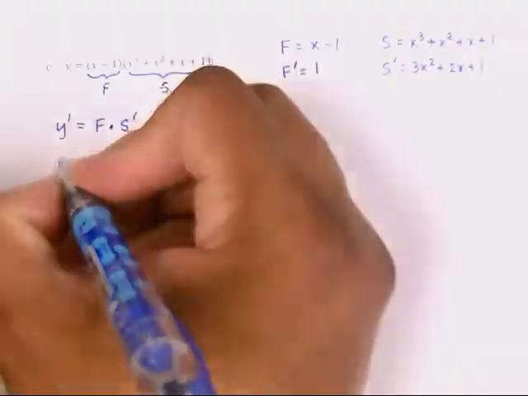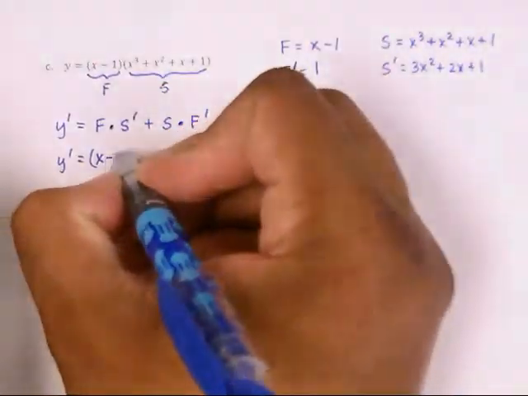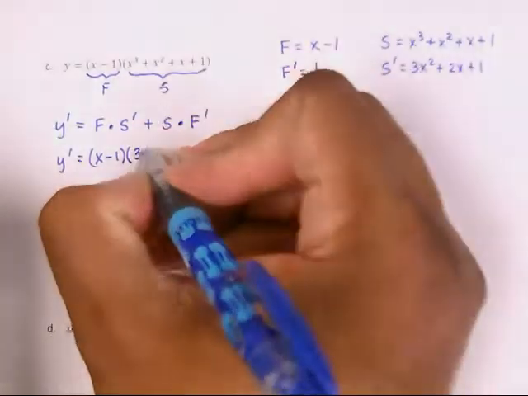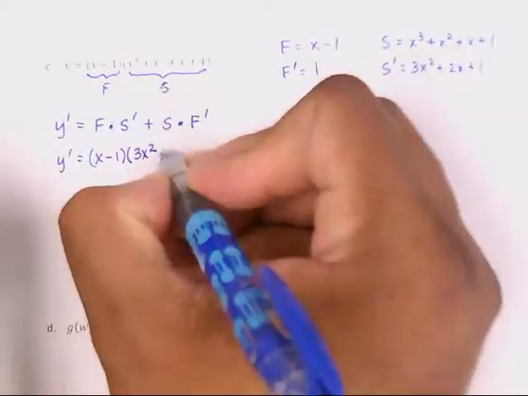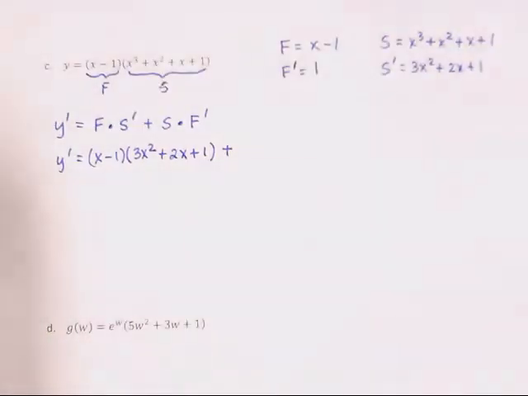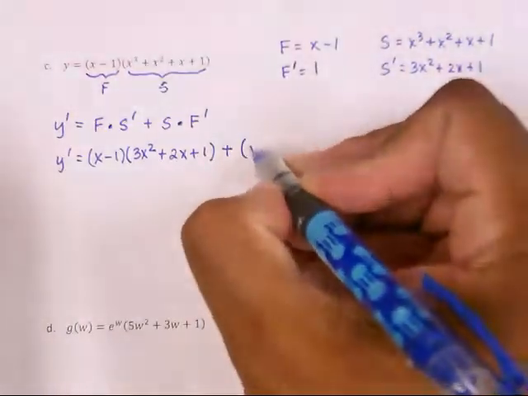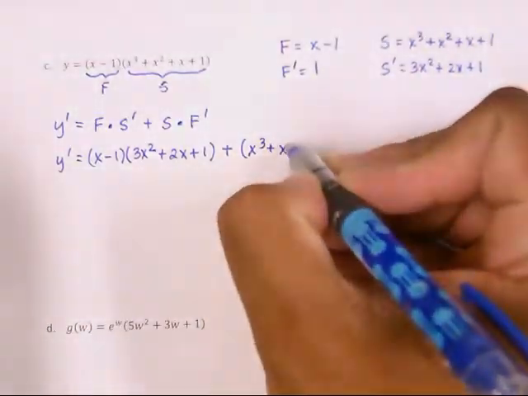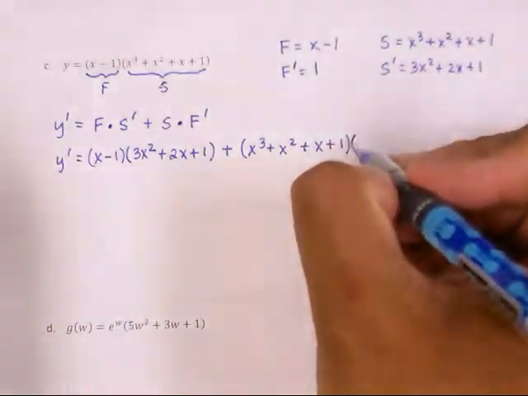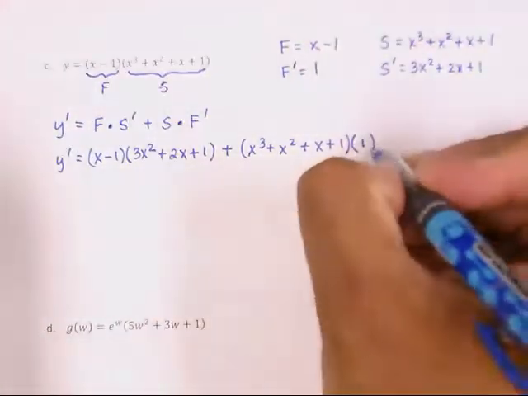So in this case here, I'm going to have y prime will be the first, which will be x minus 1, times the derivative of the second, that's the 3x squared plus 2x plus 1, and then plus, and in this case here, the second would be the x cubed plus x squared plus x plus 1, and that's multiplied by the derivative of the first. Well, the derivative of the first would be 1.